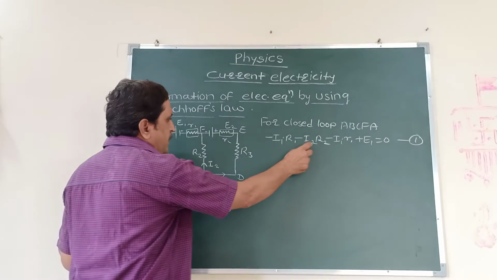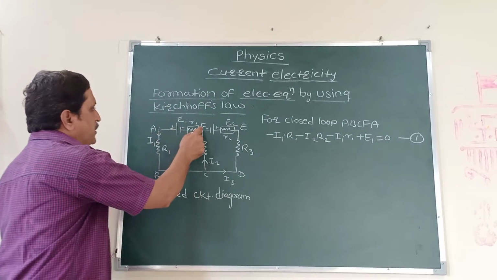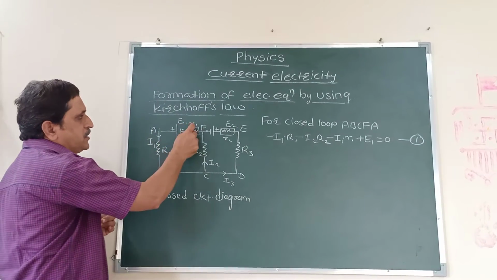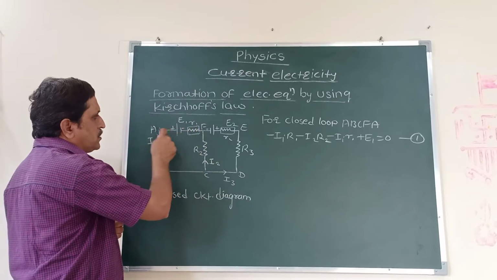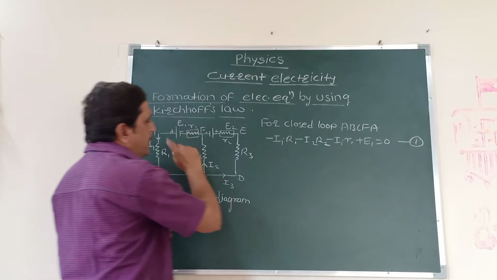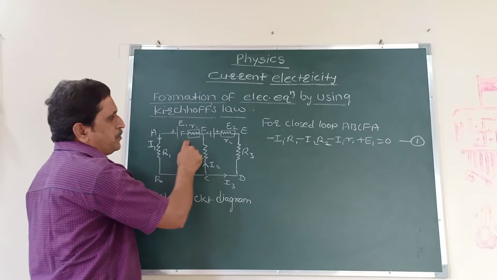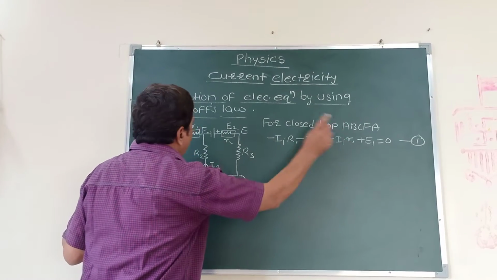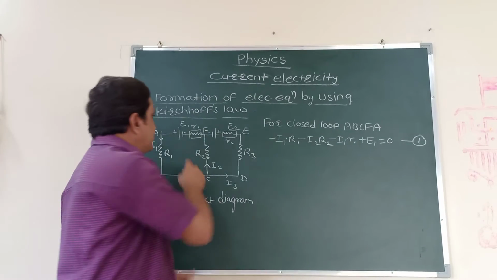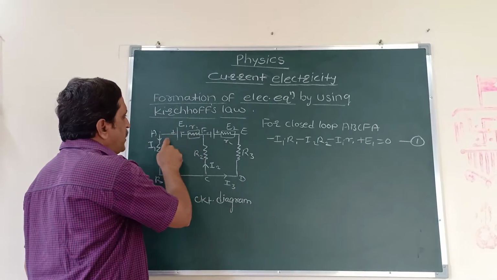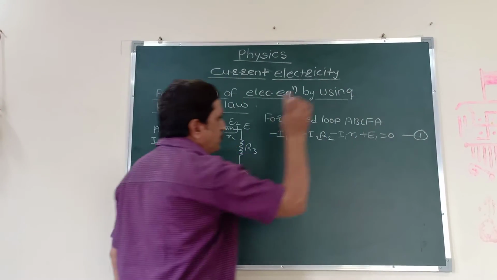Therefore the product is again negative, that means minus I2 into R2. Now for this path F to A, resistance R1 and current I1 again flow along this path. Therefore again the product of current and resistance is negative, that means minus I1 into small r. And the EMF of this cell is positive because the cell sends current in the same direction in which the loop is being traced. Therefore plus E1 is equal to 0.